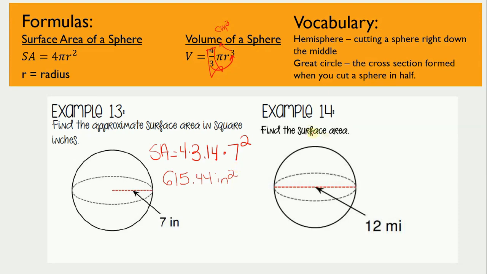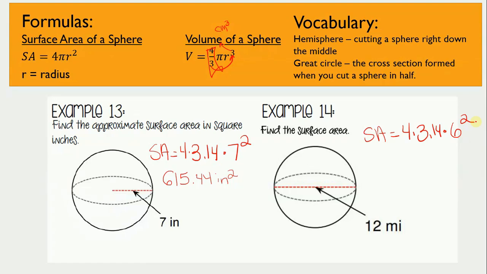Now example 14, again we just want to do surface area here. So I got surface area equals 4 times my pi, 3.14, times my radius. Now notice guys, they did give us the diameter. They give us 12 as my diameter. So I'm going to have to cut that in half to find my radius. So 6.